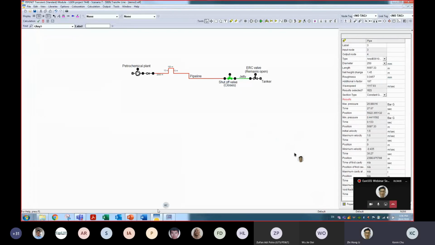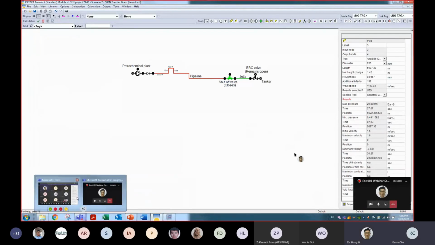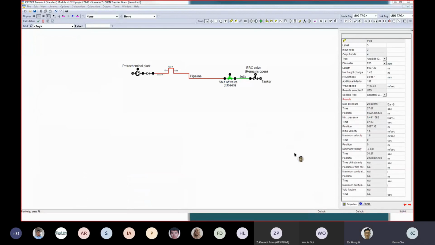Okay. And the follow-up comment to that is that normally we will assume the SDV closes at 1 inch per second. Yeah, so this is the basic standard. But for some systems, they may have a very fast acting valve.